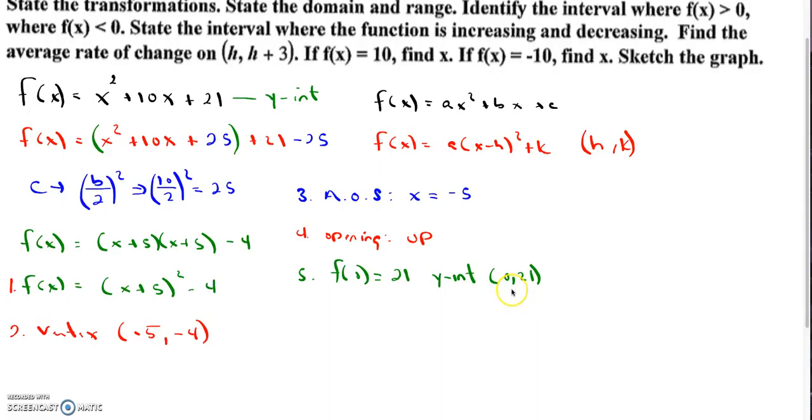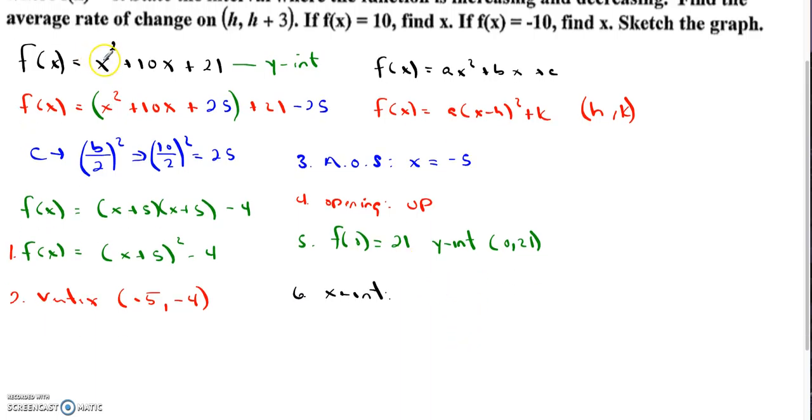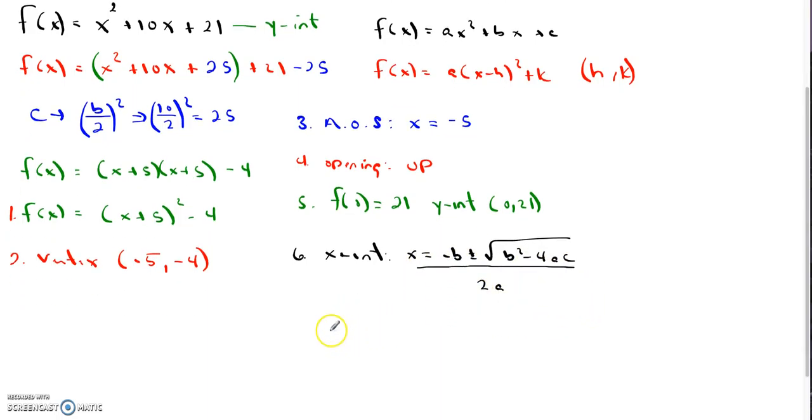All right. For the quadratic formula, I'm going to go off of my standard form. So x equals negative b plus or minus square root of b squared minus 4ac, all over 2a, and I'm going to plug in. So I got x equals negative 10 plus or minus the square root of 10 squared minus 4 times a times c, all over 2 times a.